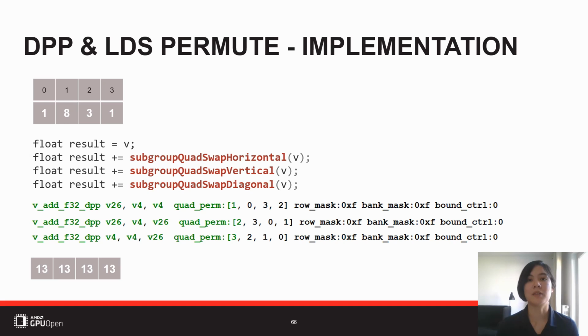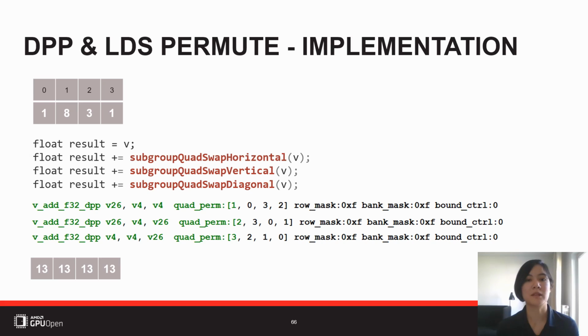And if you see how this translates into ISA code, we actually have our addition with the suffix of DPP, which means that the first addition is basically adding the value of thread 0 with the value of thread 1, and also the value of thread 2 with the value of thread 3.